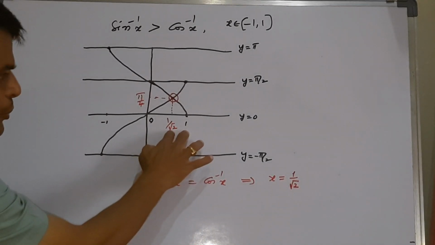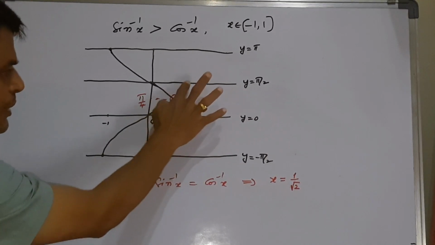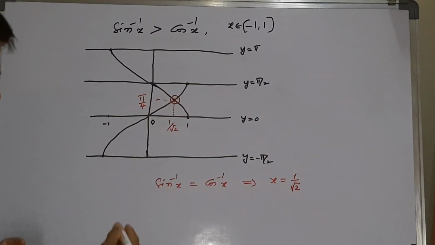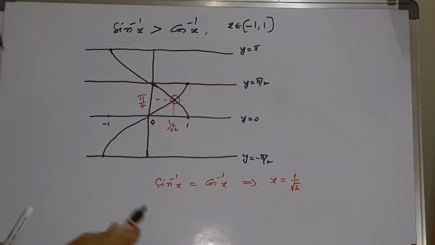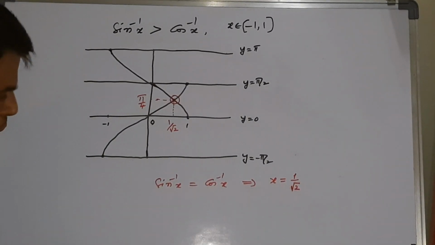Between 1 by root 2 to 1, if you observe, this is cos inverse, that is sin inverse. So clearly we are able to observe in this graph that sin inverse x is equal to cos inverse x is possible when x is 1 by root 2.